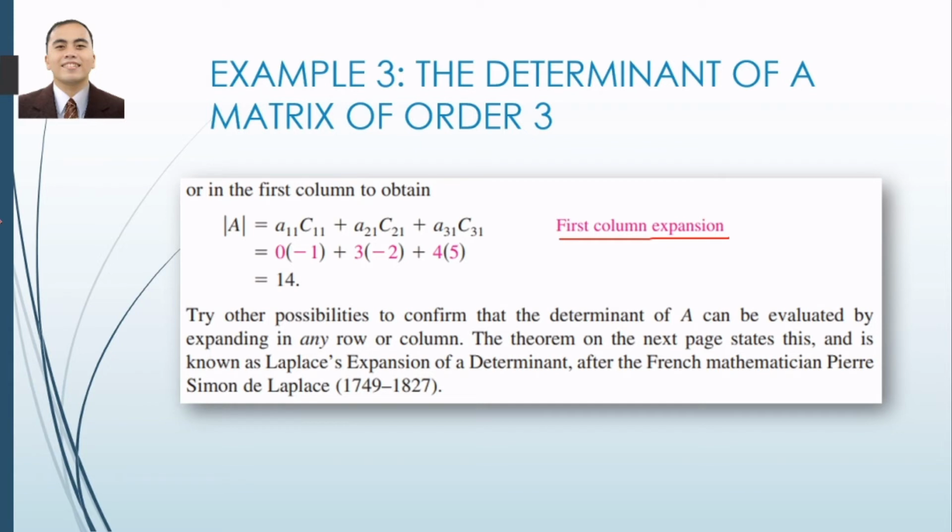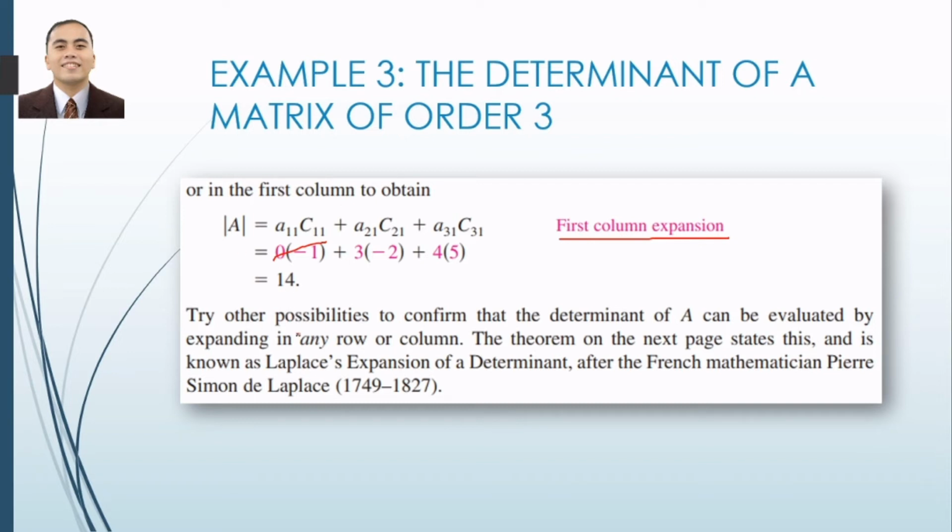So we'll have 0 times negative 1 plus 3 times negative 2 plus 4 times 5. 0 times negative 1 becomes 0. 3 times negative 2 is negative 6, plus 4 times 5, that's 20. So negative 6 plus 20 is 14.